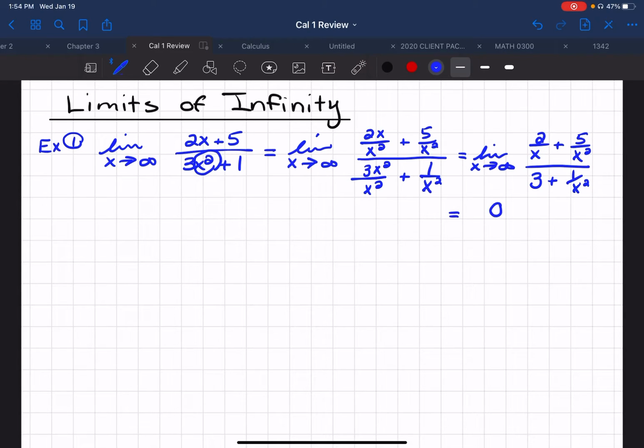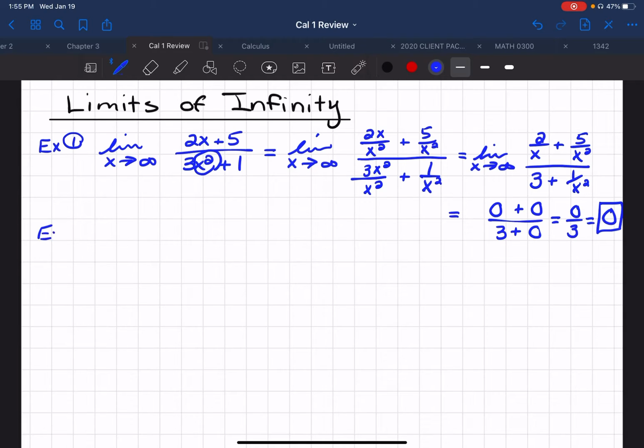So I'm going to have 0 plus 0 over 3 plus 0, which leaves me with 0 over 3, or just 0. And that is always going to happen when the degree of the denominator is bigger than the numerator. You will always end up with 0 as your answer.